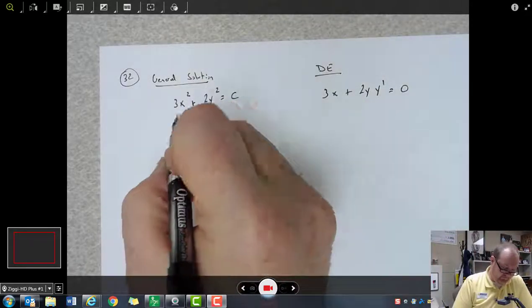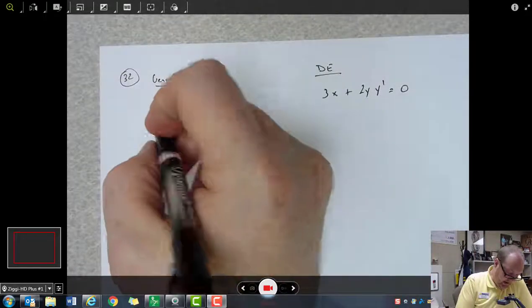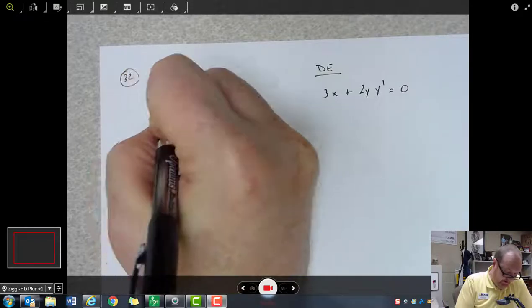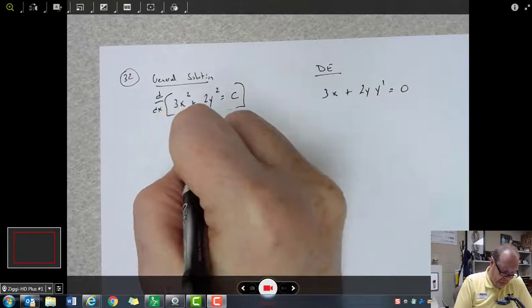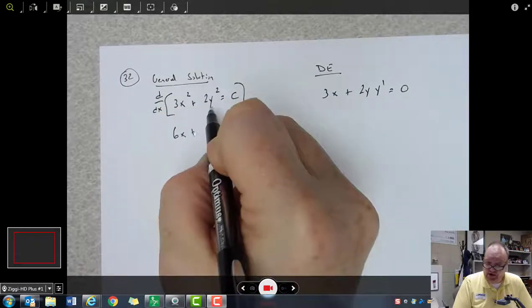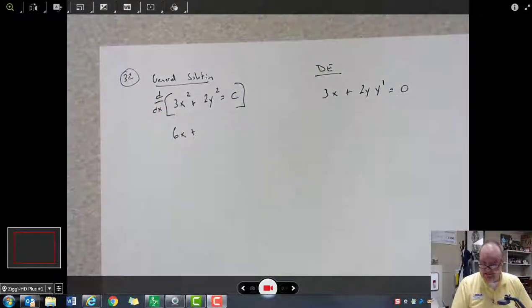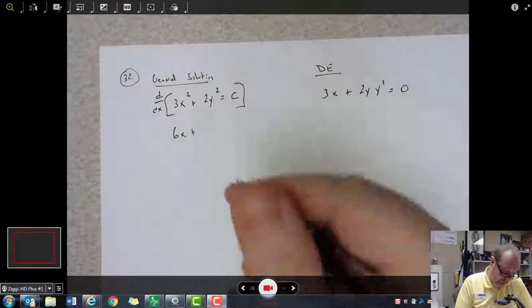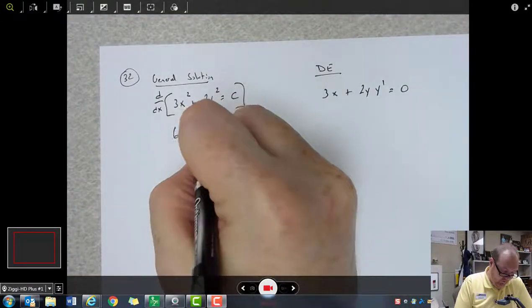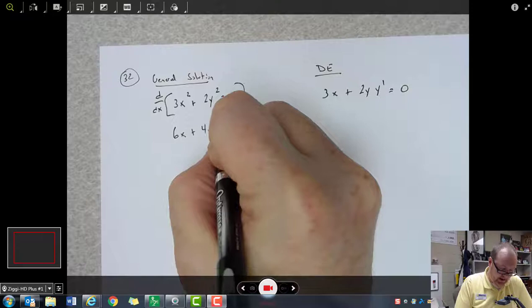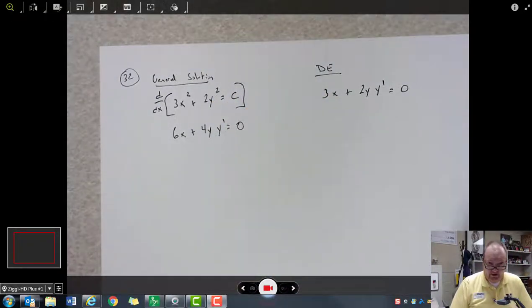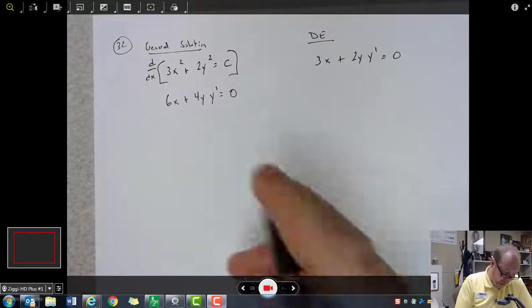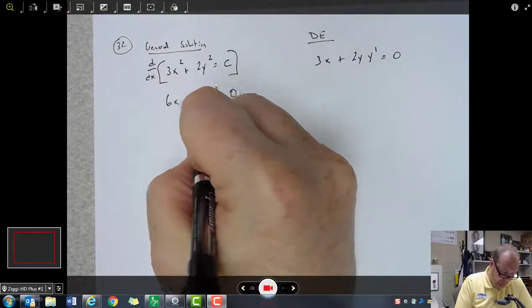Okay, so derivative of the general solution. I'm differentiating with respect to x. So that becomes a 6x. And then I'm differentiating y's. Remember, every time we take a derivative of y, we've got to include a y prime. So 4y, y prime, and the derivative of a constant is 0. So let me see if I can solve this in terms of y prime.